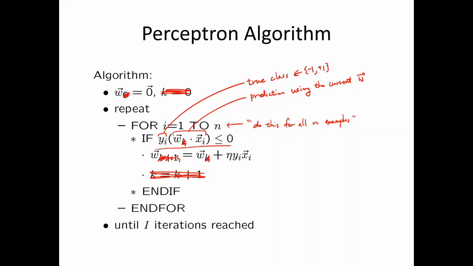If the true class and the predicted class are the same, the product will be positive. So the if condition is saying if the prediction is wrong, then update the weight vector.